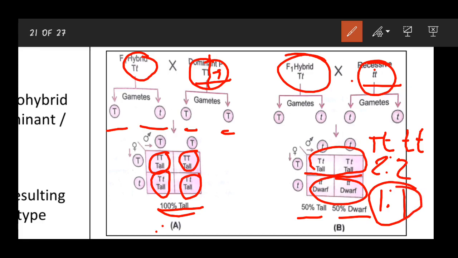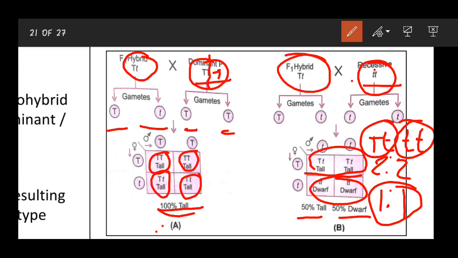In the earlier case you cannot write a ratio because all the plants are tall plants. Here you have tall plants and dwarf plants depending upon the phenotype. So you get a phenotypic ratio of 1:1, as well as a genotypic ratio of 1:1. In the dominant parent cross, the phenotypic and genotypic ratios will be different.